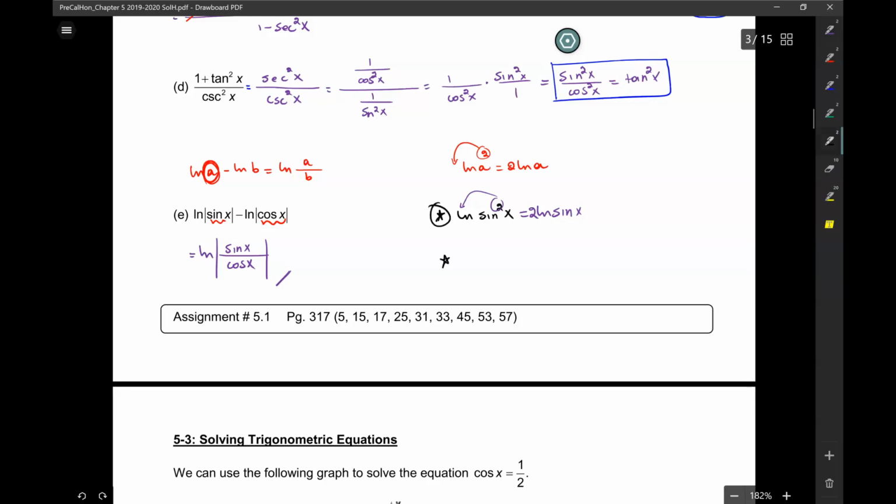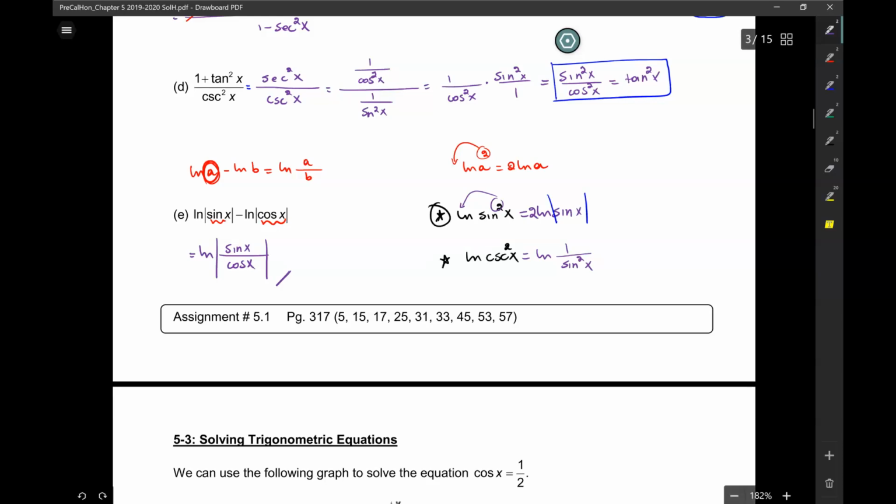Okay, similarly, what if you have ln of cosecant x, or better yet, cosecant squared x? Well, notice this is the same as ln of 1 over sine squared x. Oh, and by the way, in the top here, when you move the 2 down, this needs absolute values. So going back here, ln of sine squared x.